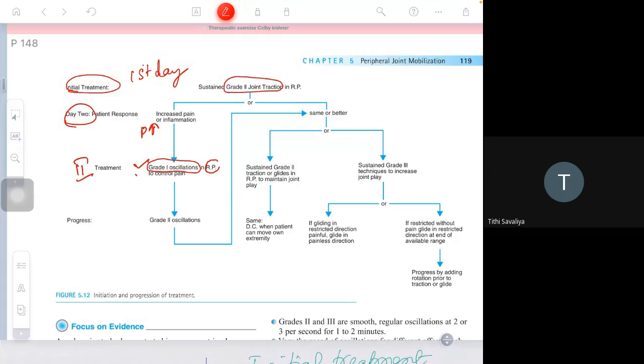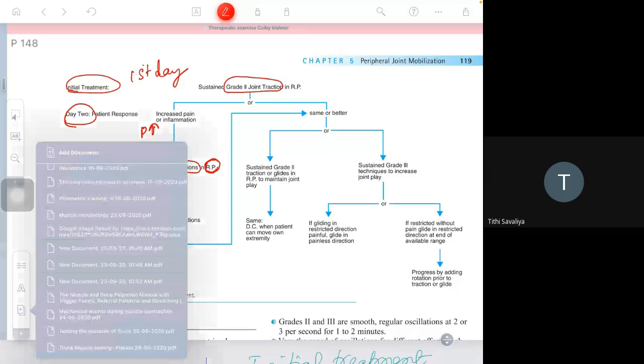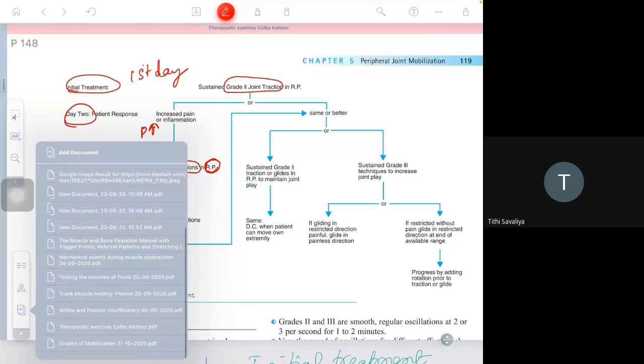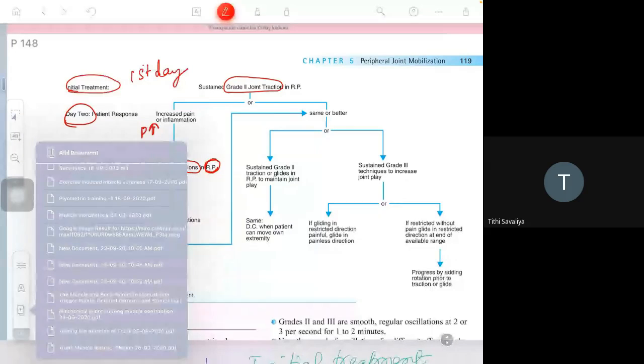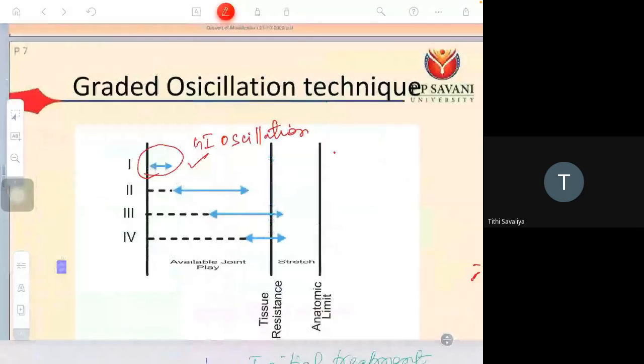This we will discuss sometime later. In resting position, you are giving grade 1 oscillation. So now, what is the use of grade 1 oscillation? What will happen if you give grade 1 oscillation?